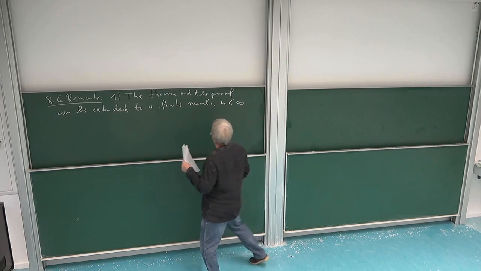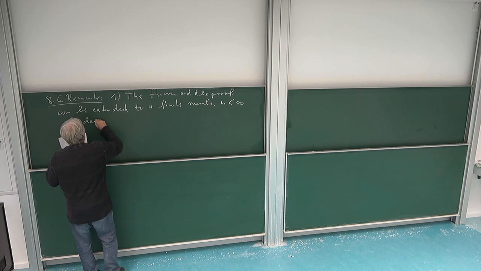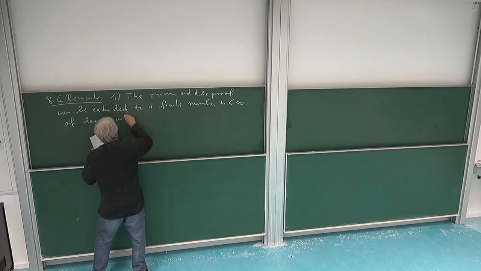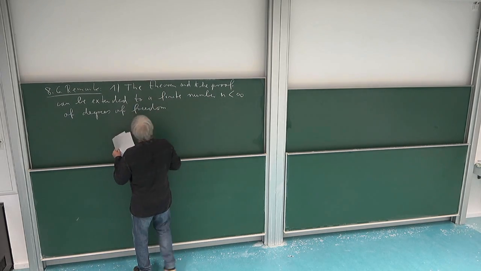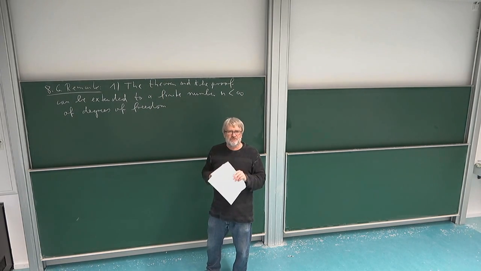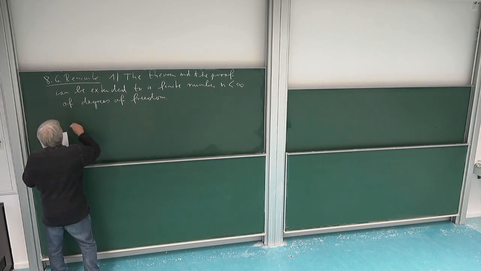That's important here. Finite number of degrees of freedom. And maybe I'm just writing down the relations, the CCR and the Weyl relations in this setting, but not going into details.